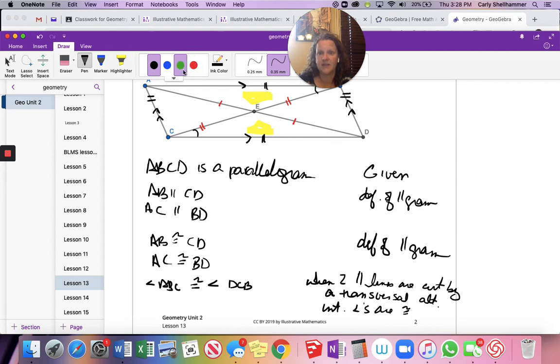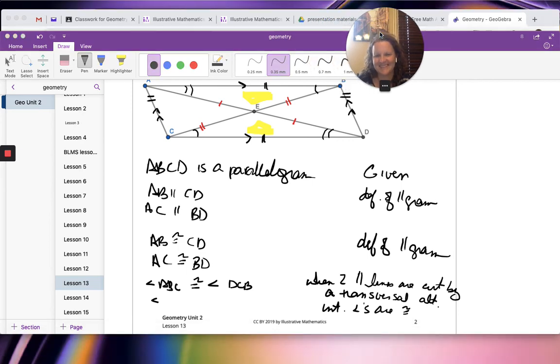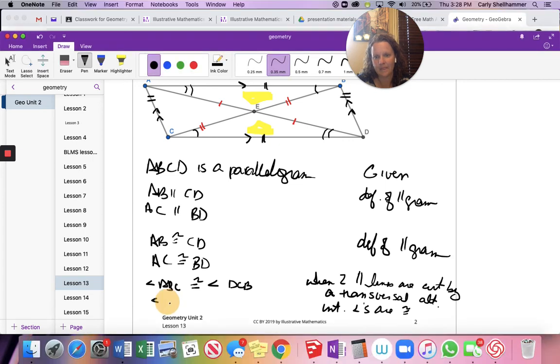Okay, so now I'm going for these two angles. Angle BAD is congruent to angle CDA.